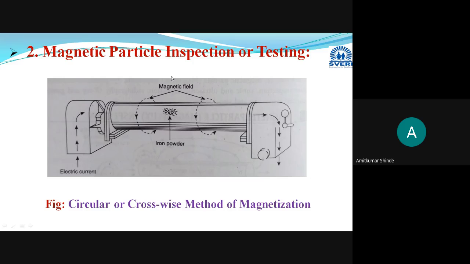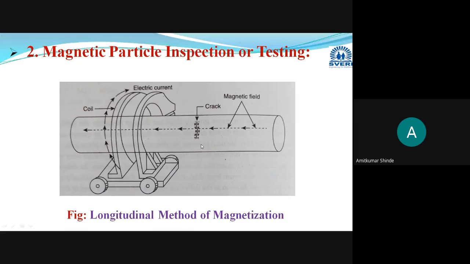For detecting the longitudinal cracks you have to use circular magnetization, and for detecting the transverse cracks you have to use the longitudinal method of magnetization.